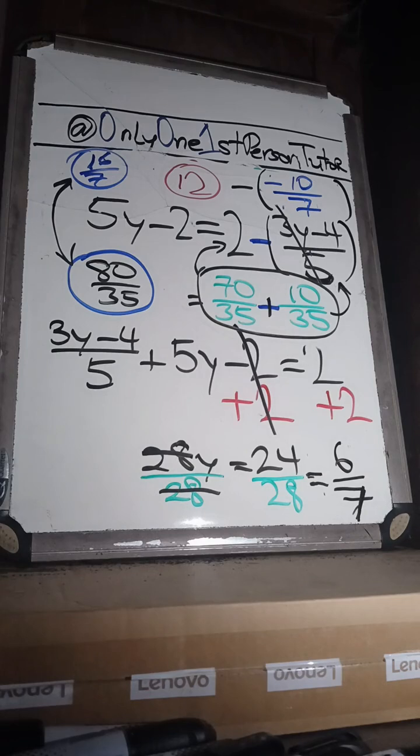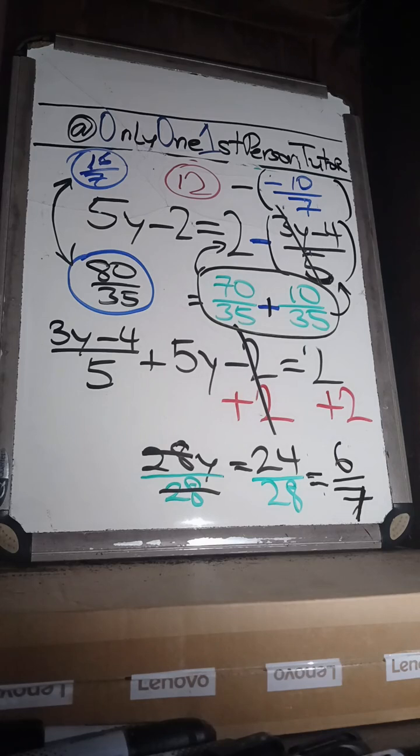All that makes sense now. If I divide this by 5, I end up with 7. I divide this by 5, I end up with 16. Yeah. So the answer is definitely 6 over 7. But yeah, you have to be careful with these minus signs.